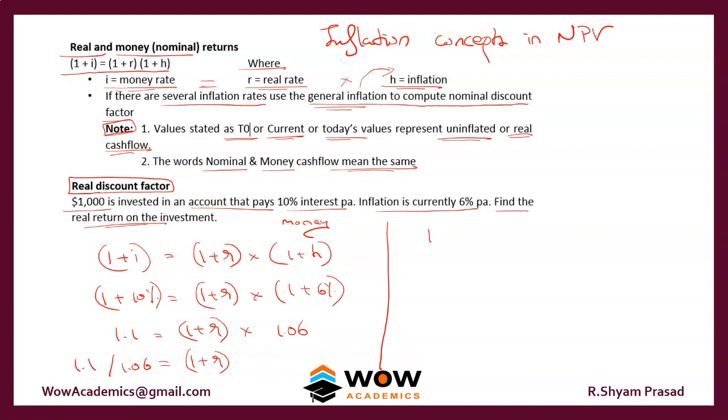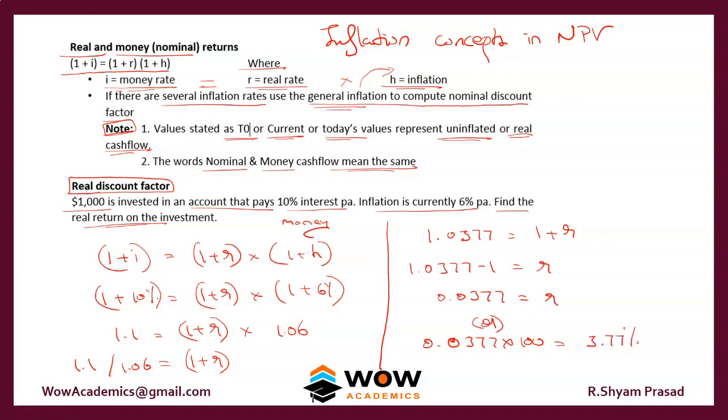The number comes to 1.0377 equals 1 plus R. We will take the 1 to that side, so that becomes minus 1. 0.0377 is the R. We can either take this as R or 0.0377 into 100, which equals 3.77 percent.